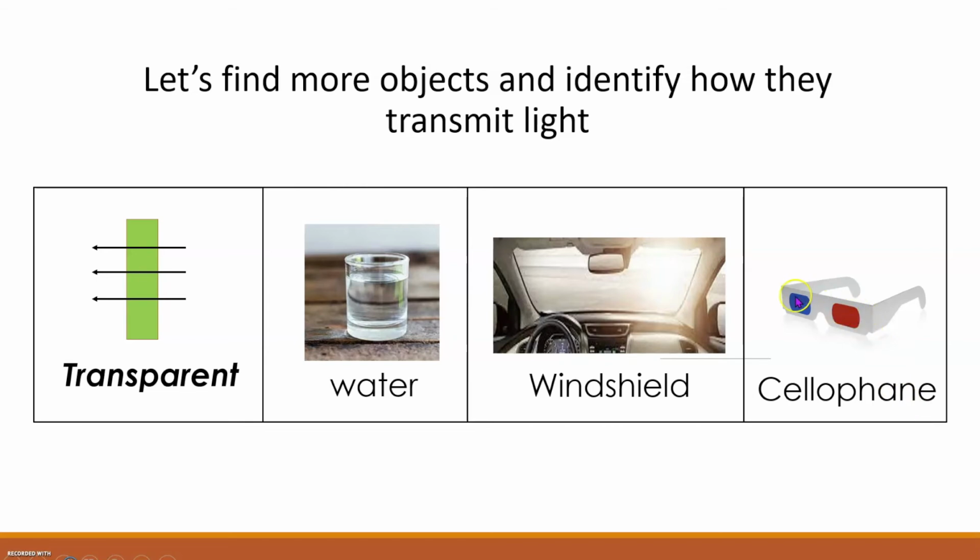This is the cellophane. It's in red and blue. We can see right through a cellophane because it is a transparent material. It's in different colors, but we can still see clearly. Again, can you give me one object of a transparent material? Very good. So, any of these three.